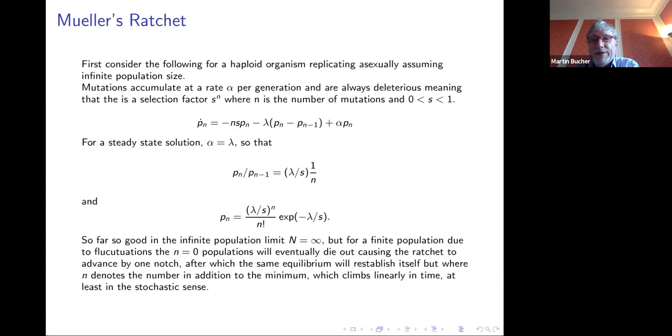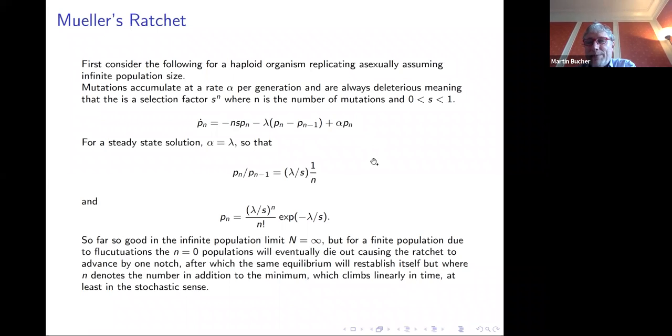So that doesn't float. So if we want to look for a steady state solution, then for the zero case, this term is absent. There isn't anything less than 0, so you have to match these. So alpha is equal to lambda, and you get this recurrence relation.